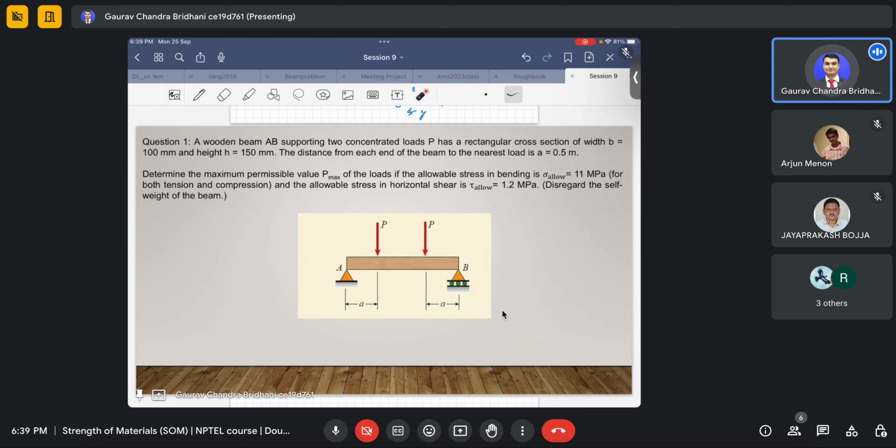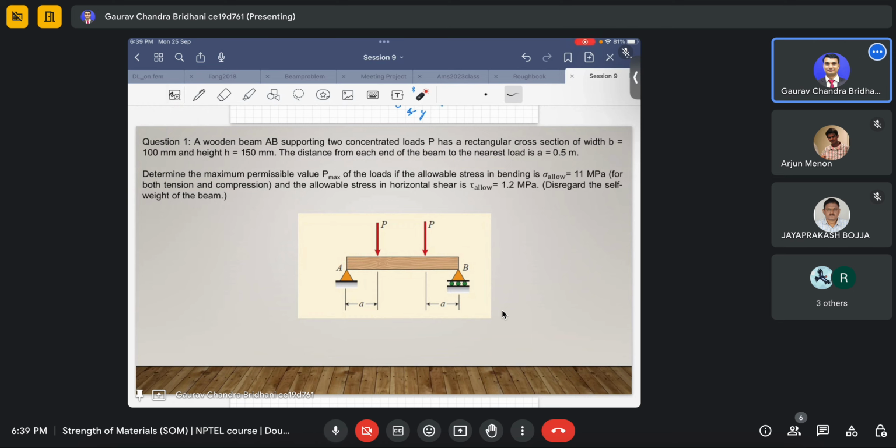This is generally called 4-point bending, because there are 4 points at which loads are acting. These are the 4 points. Sometimes it is also called 2-point, but 4-point is also used. Now the distance from each end of the beam to the nearest load is a equal to 0.5 meters, so this distance is given.